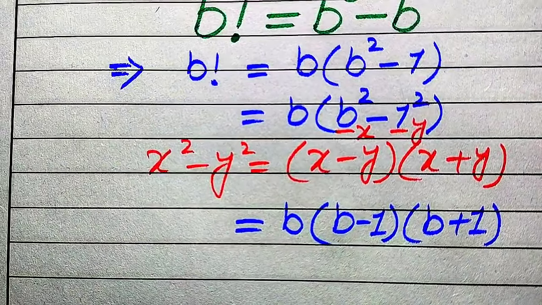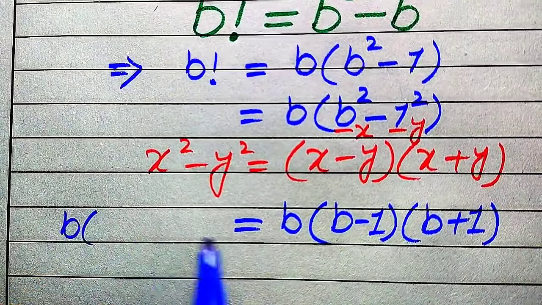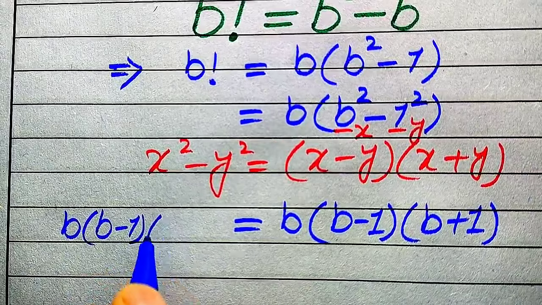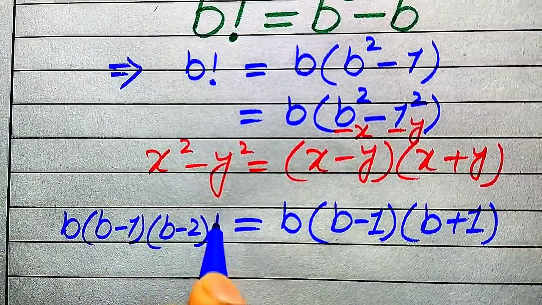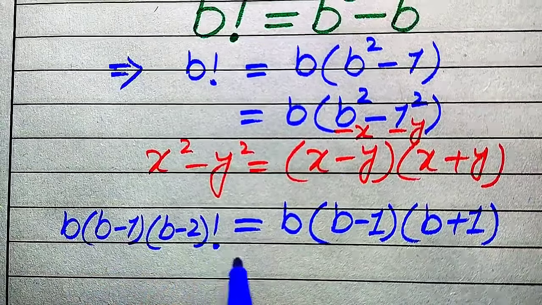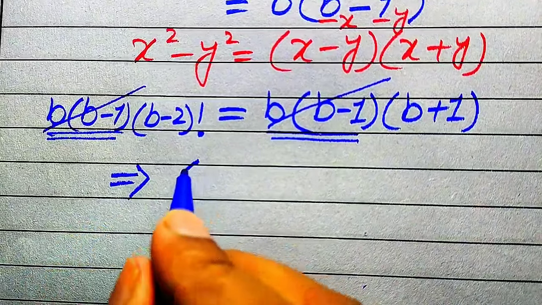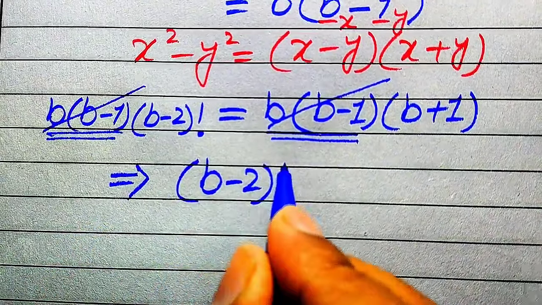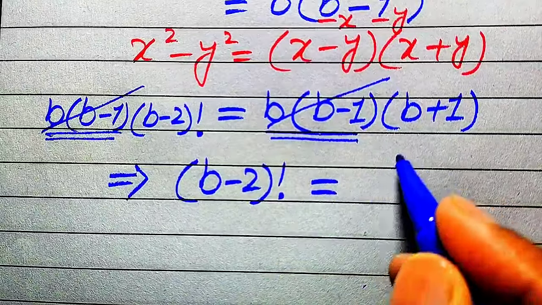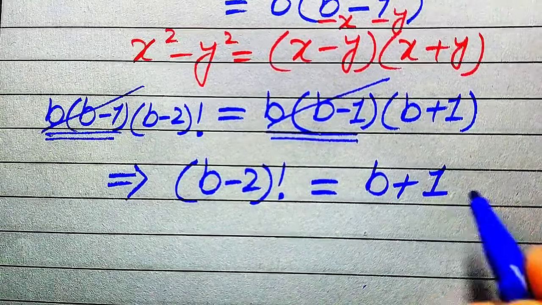After expanding b factorial we get b into b minus 1 into b minus 2 factorial. So we expand this b factorial up to b minus 2 factorial. Now both sides involve b into b minus 1, so these two terms cancel each other, and in the left hand side we get b minus 2 factorial equals, in the right hand side, b plus 1.